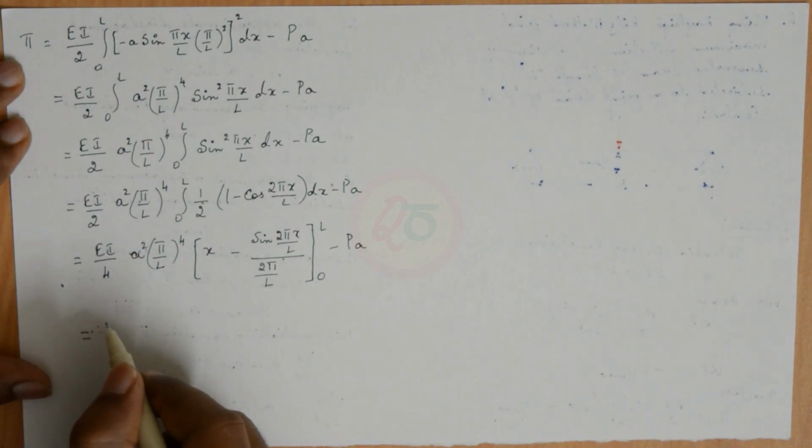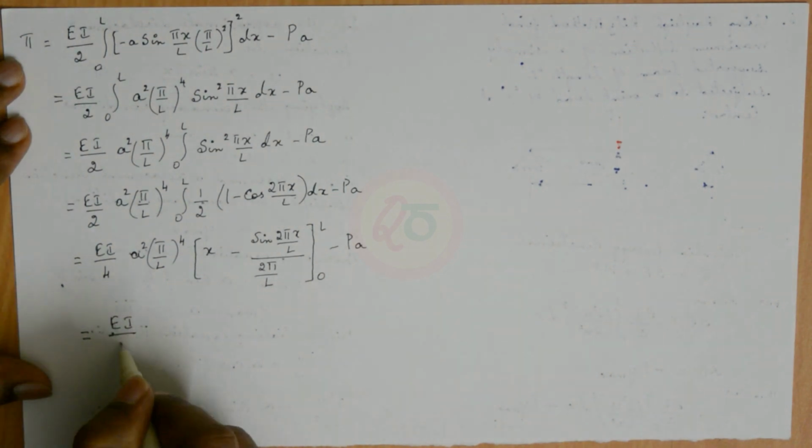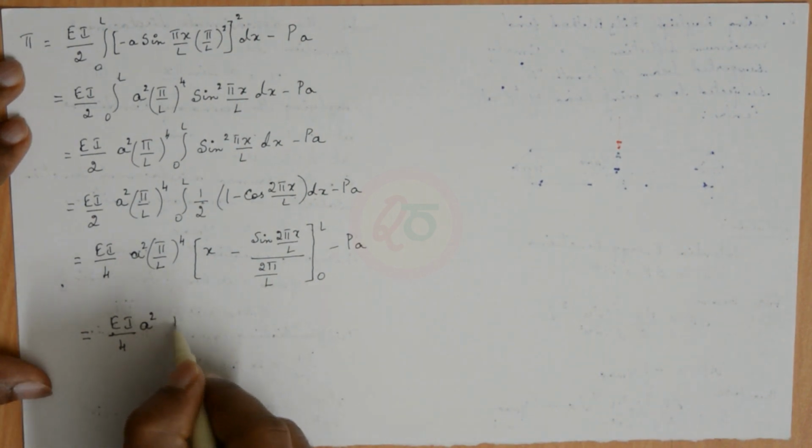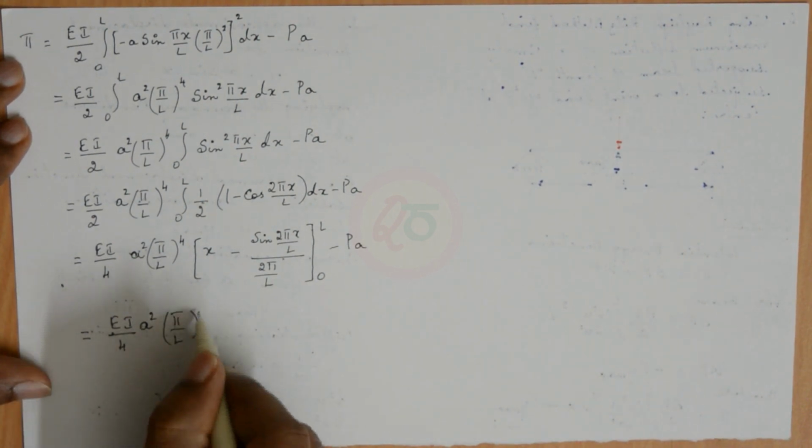If you simplify this, it will be EI by 4 a square pi by L to the power of 4.